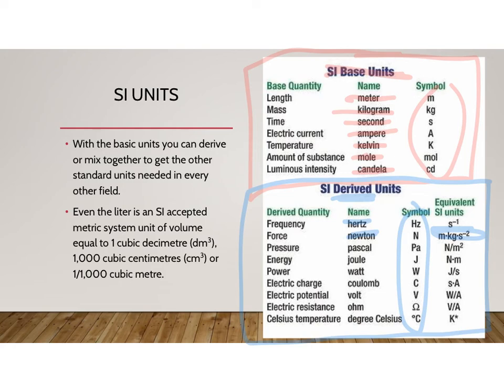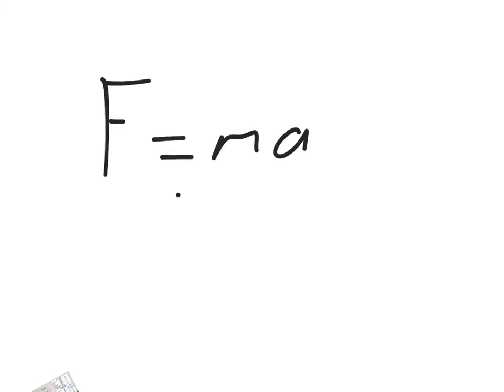So let's take a look at how we get a derived unit by looking at the example we looked at earlier. We started with a force formula, and we said force is equal to mass times acceleration. Well, my units for mass are going to be kilograms, and I'm multiplying that times acceleration.